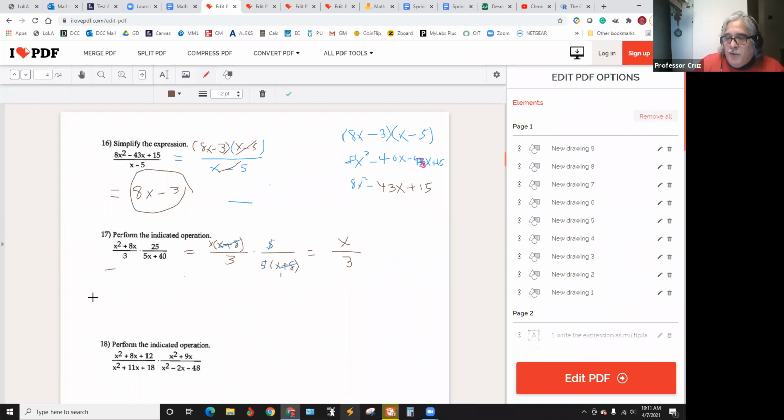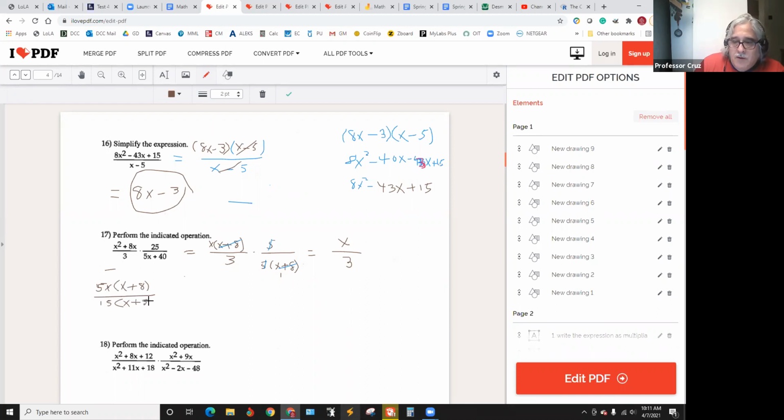Because if you had multiplied the original one, it would be like this. 3 times 5 is 15, and then you got that x plus 8.